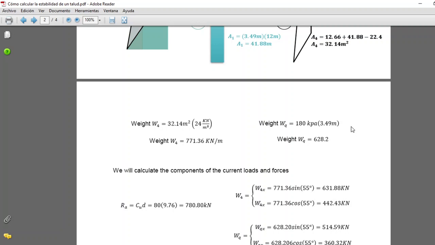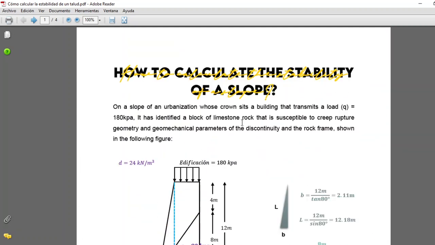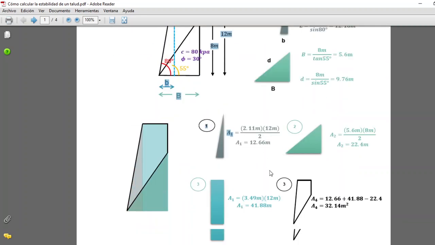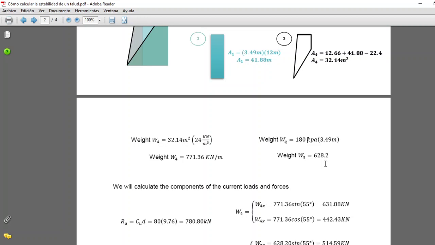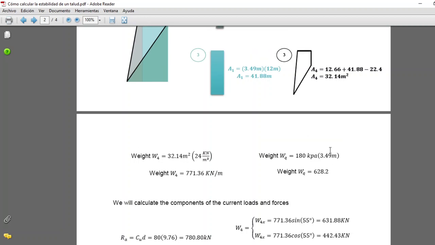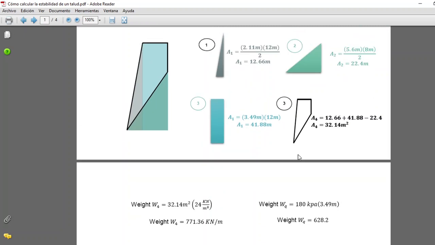And to calculate Q, sorry, we need to multiply the load that the building applies by 3.49 meters. That is this distance.